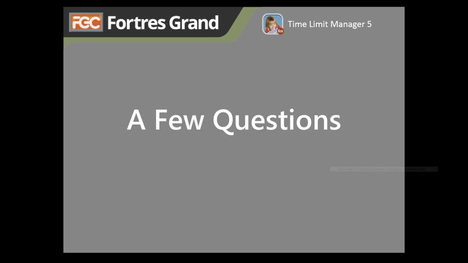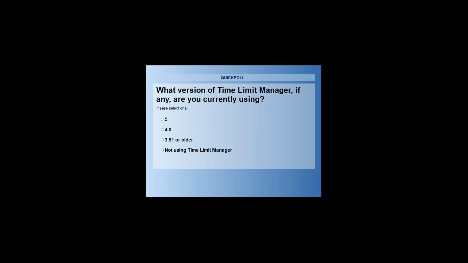Before we go any further, I have a couple of quick questions. The first is about what version of Time Limit Manager you're using, if any. If you can select one of the options, it'll record your vote.